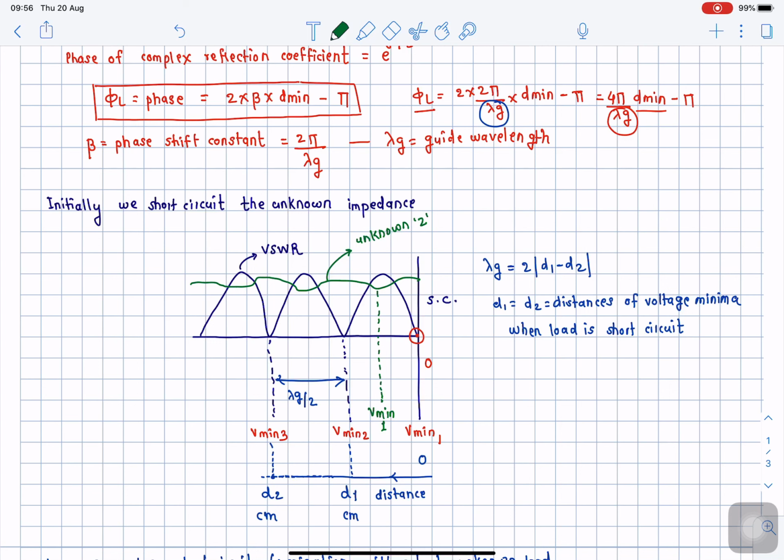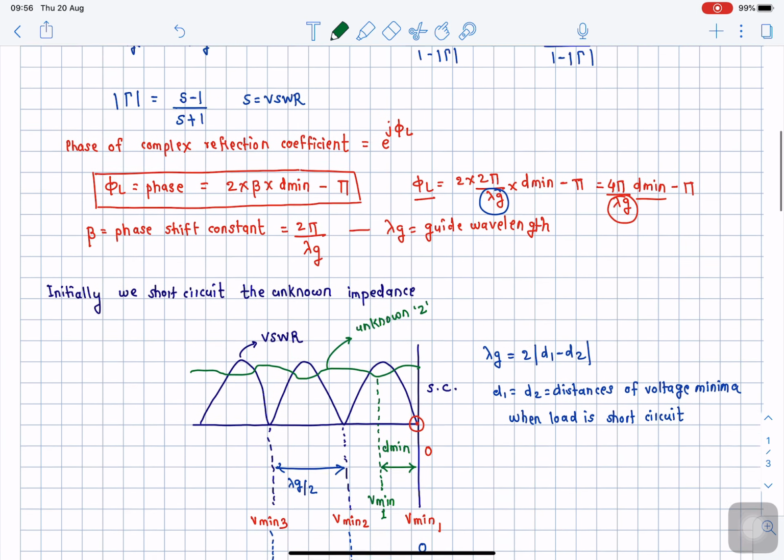So we already know where the minimum position of voltage is when the short circuit is placed. We know where the minimum voltage position is when the short circuit is replaced with the unknown load. The distance between the minima voltages with respect to short circuit and with respect to unknown load, we call it D minimum. How are we going to measure D minimum?